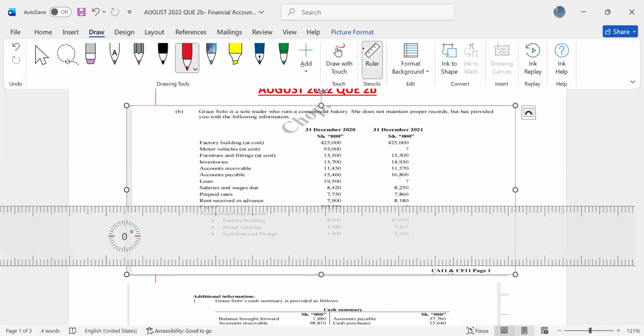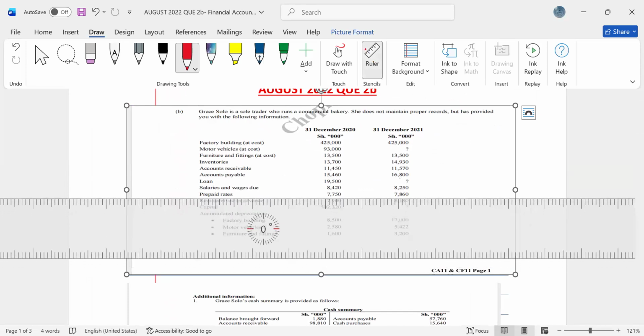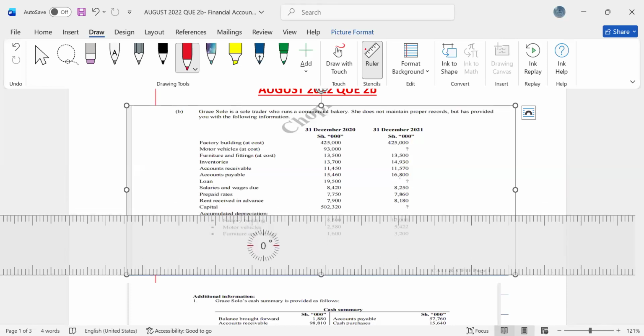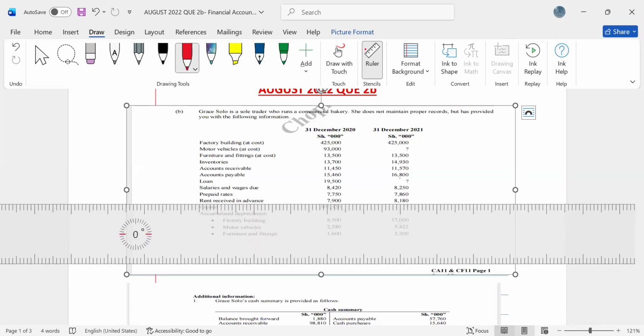Let me put a Karula here so that you can see it. We are talking about this figure. In 2020, 7,900. Then in 2021, that is 8,180.